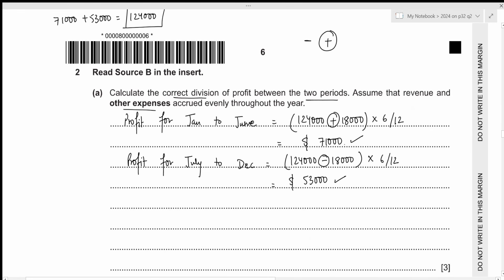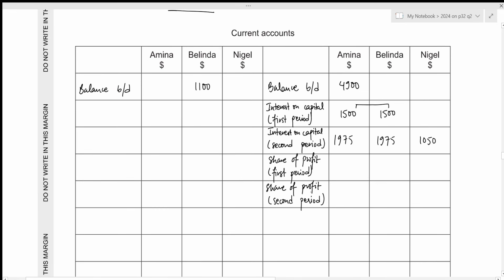Let's take a look above. So the profit was 71,000. So 71,000 minus 1500 minus 1500 will give us our residual profit for the first half, which is 68,000. And during the first half, there are only two partners, so we just need to divide 68,000 equally among two partners. So 68,000 by 2, this will result in 34,000 each. Let's write it down. So 34,000 for Amina, 34,000 for Belinda.